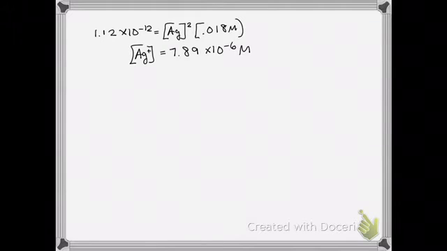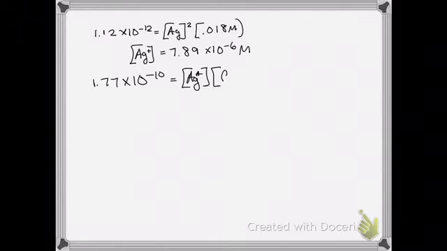Okay, now once you get the silver ion, we can plug that concentration for silver into the Ksp for silver chloride to solve for chloride. All right, so looking now at silver chloride, Ksp of silver chloride is 1.77 times 10 to the negative 10. And think about how you're going to set up this right here.